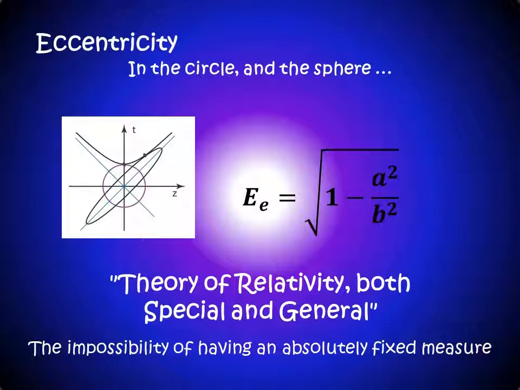All of the theory of relativity, special and general, is essentially based on this same eccentricity of the circle. And we find ourselves with an impossibility of having an absolutely fixed measure of anything, exactly because of this. Those of you who have studied relativity science will know very well what I'm talking about. Those who are new, you're going to have to study more.